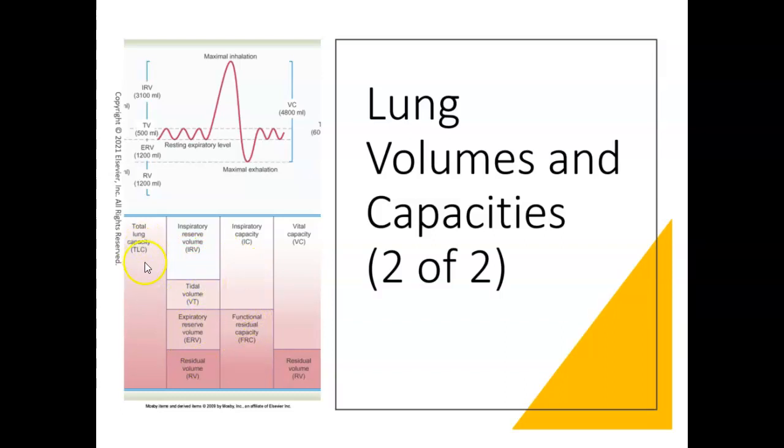Because you're going to be asked questions like, I've given you an IRV, a tidal volume, a vital capacity, an expiratory reserve volume, and a functional residual capacity, and I need you to calculate out your residual volume.